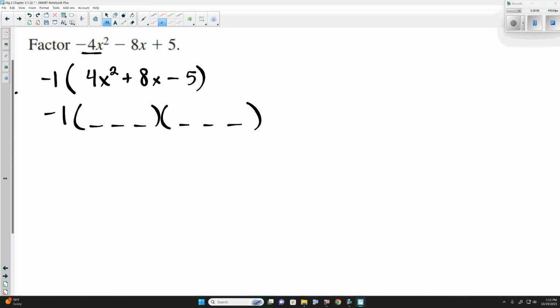Because now we can treat it the same way. 2 sets of parentheses with 3 spaces. To find the sign, if the third term is positive, the signs are the same and match the sign of the middle term. If the third term is negative, our signs are opposite. So here the signs would be opposite, positive and negative.